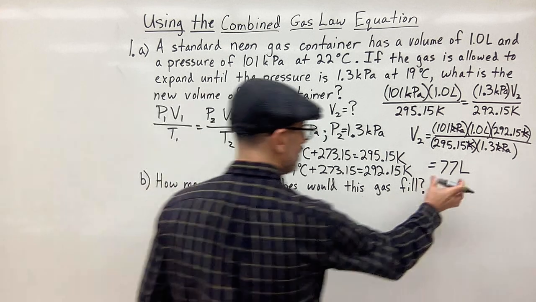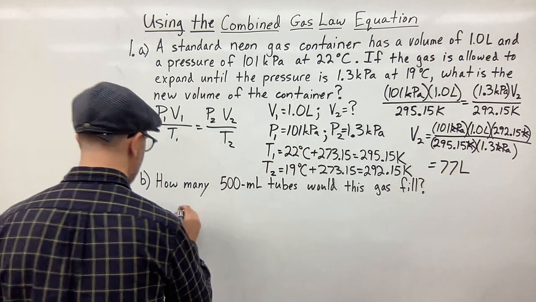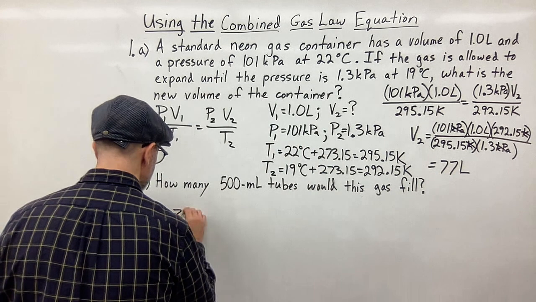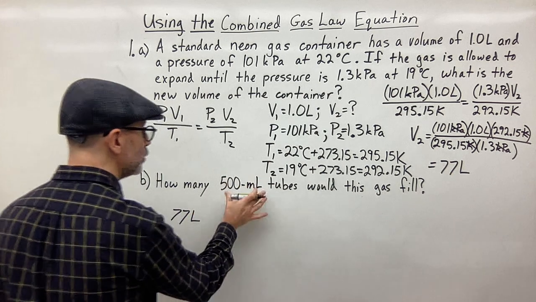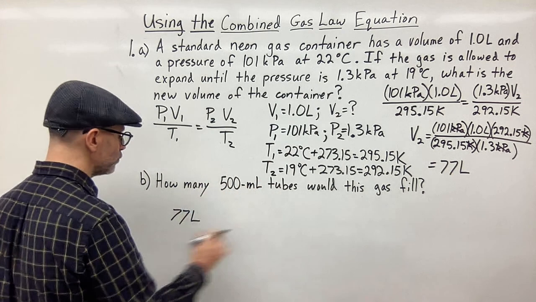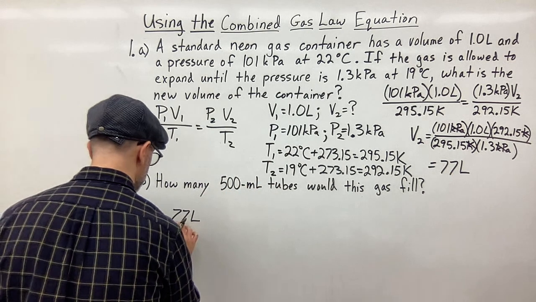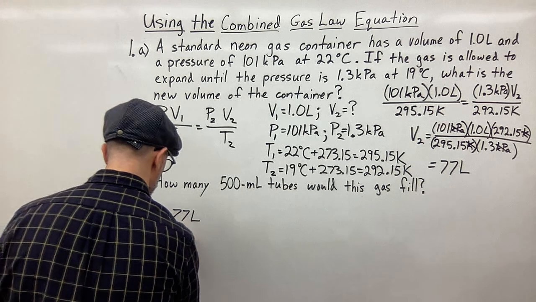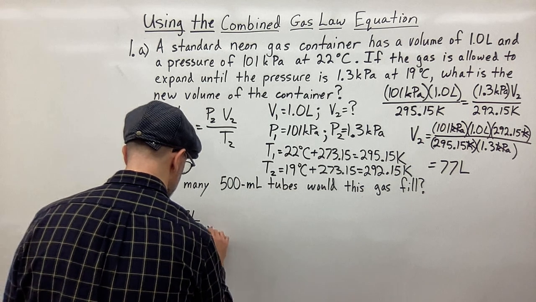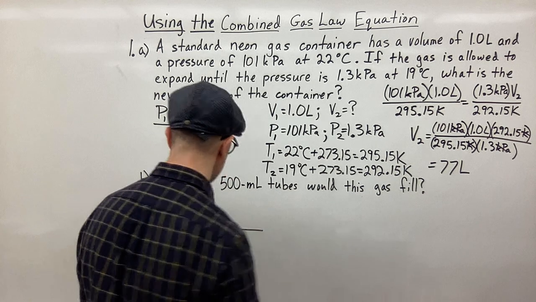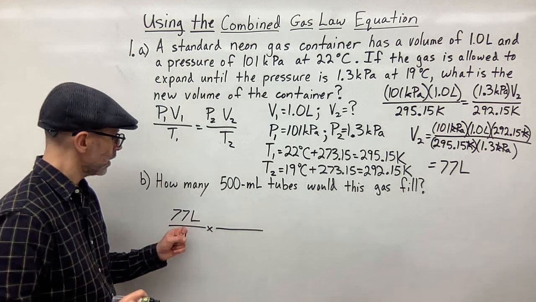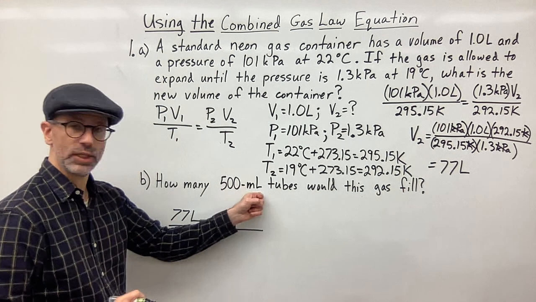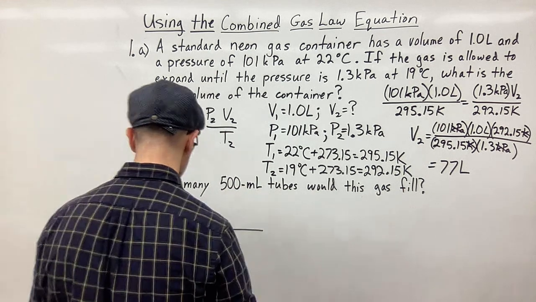So we need to convert 77 liters of gas into the number of tubes. So I'm going to put this over 1. First thing I want to do is convert this to milliliters, since I have milliliters there.